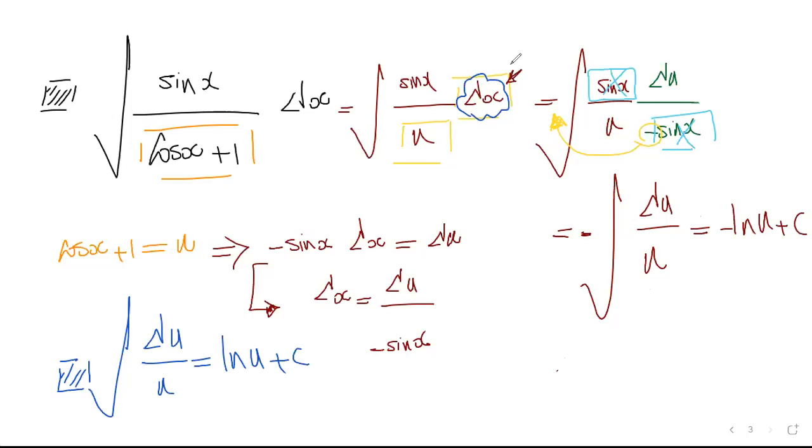However, don't forget, you have u here, but your language initially was x, so you have to translate it. You write minus ln of cosine x plus 1, plus c.